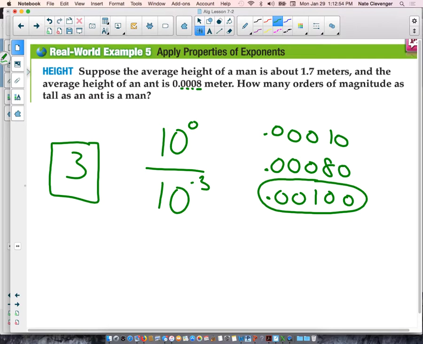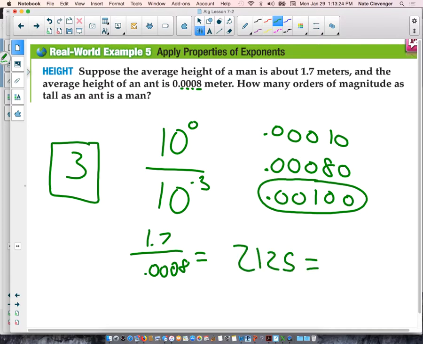Ants are like that. They did it a little differently. You want to see how they did it? It would have been a lot easier. I went through and found each number and then just found the difference. What they did is they took the 1.7 divided by the 0.08, and that gives you 2,125.